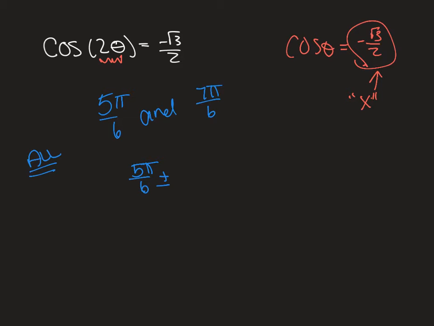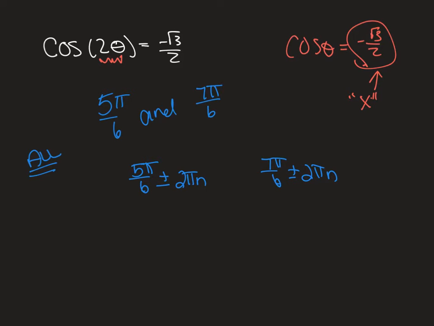And then 7 pi over 6 plus or minus 2 pi n. This just means I'm at 5 pi over 6, but then I'm going to go another time around the unit circle, and another time, so it's just all the coterminal angles.